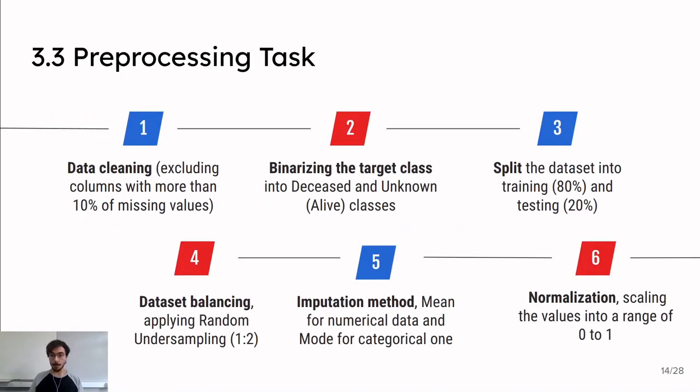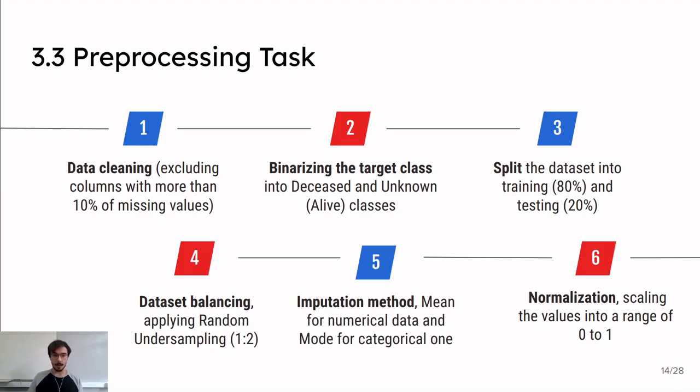So, for the pre-processing task, we perform the following steps. First, data cleaning, where we remove features with more than 10% missing values and eliminate columns with single value dominance exceeding 95%, resulting in a dataset of 61 columns.